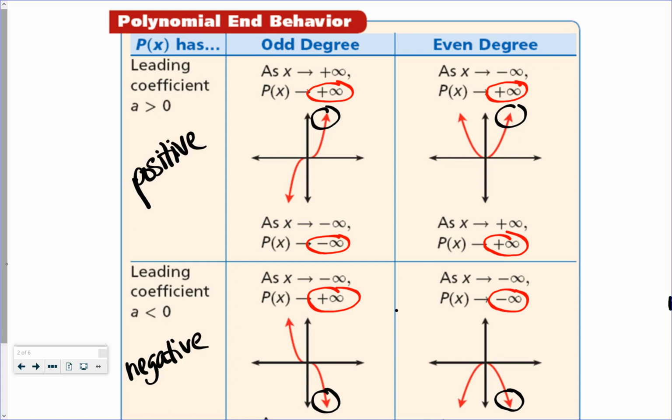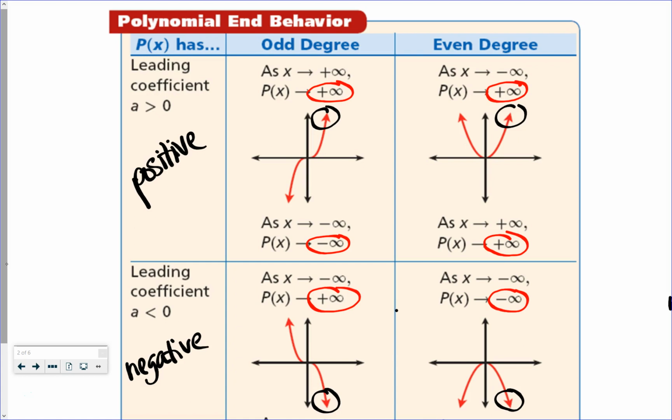So if I was doing this first guy right here, you would start off with what? With negative infinity. I'm going to do my pink. We would start with negative and end up positive. Both of these are positive, right? Here, start positive, end up negative. Here, they're both negative.